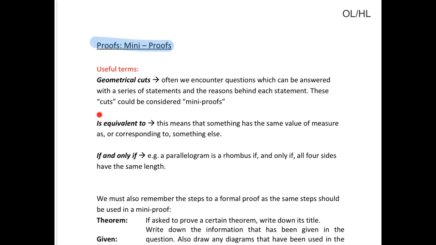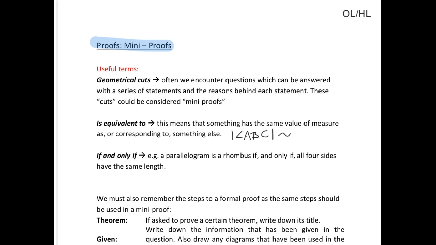At higher level, you're required to learn these two definitions here. "Is equivalent to" means that something has the same value of measure as or corresponding to something else. So for example, if I was to write the angle ABC, that is equivalent to, and that is normally written by this small symbol here.